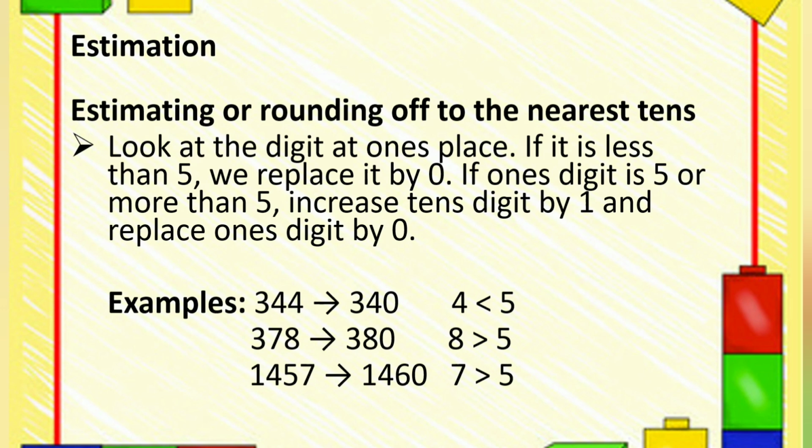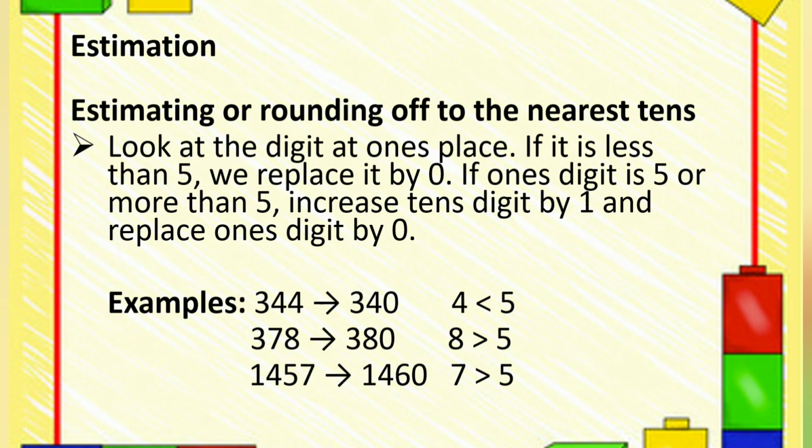344. Now children, in one's digit 4 is there. So 4 is less than 5. So tens digit as it is you have to write and one's digit you have to put 0. So estimation is going to be 340. 378. Here one's digit is 8. 8 is greater than 5.